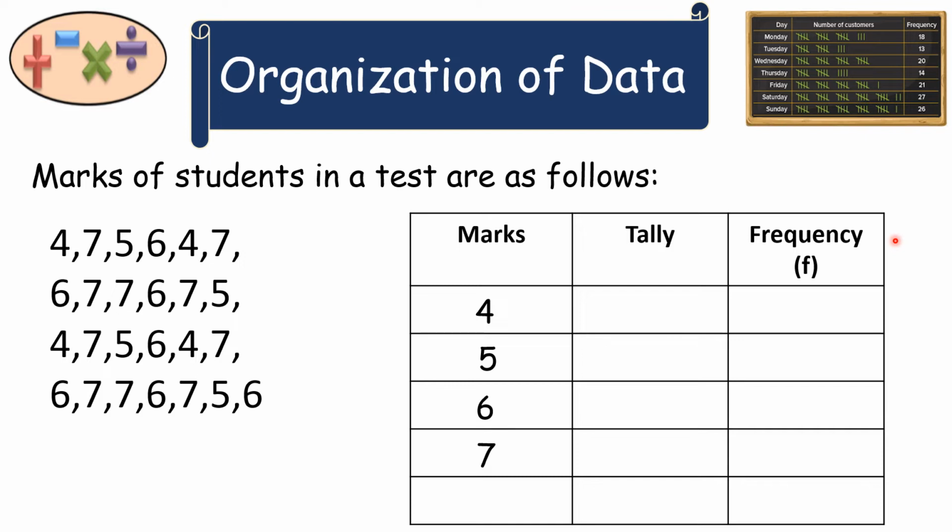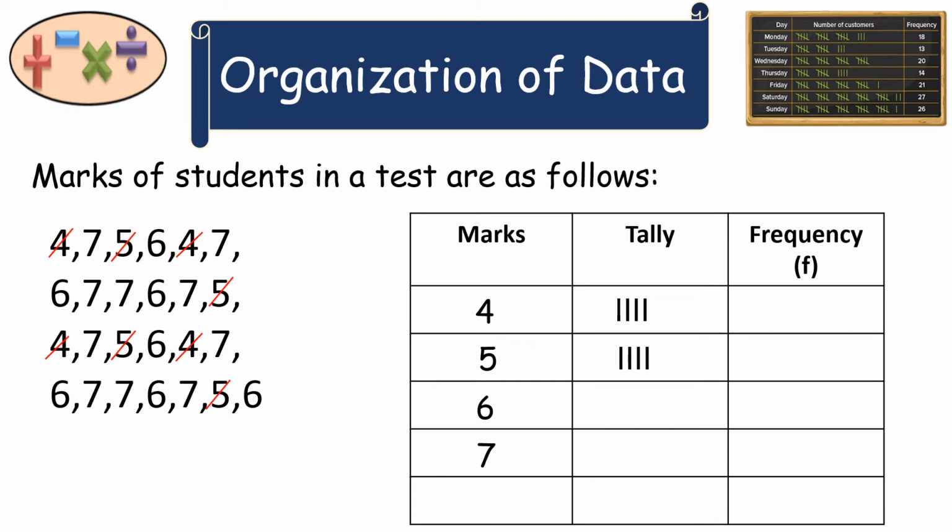And then we are going to tally. When our first column is composed of single digits or single numbers, we are going to use this technique. We are going to tick everything. So tick every number 4. So 1, 2, 3, 4. So we have 4. And then under 5, 1, 2, 3, 4.